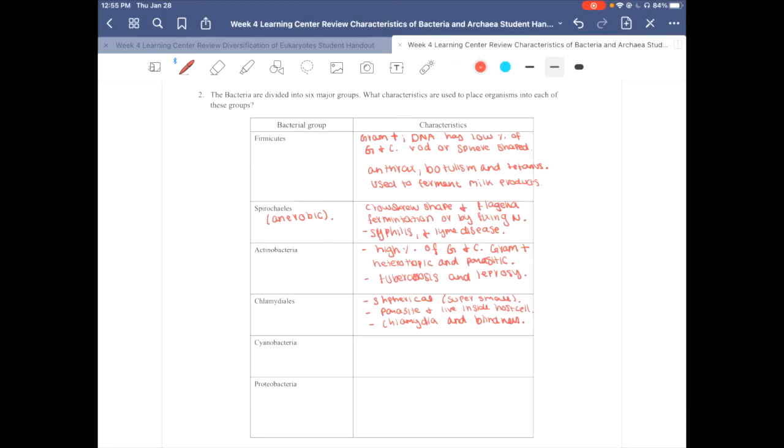And then the next bacterial group is cyanobacteria, and these can live in colonies, but they can also live on their own. These are very helpful for aquatic environments, and they're mostly found in aquatic environments.